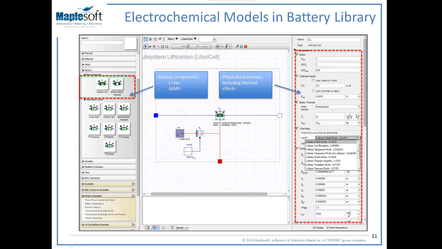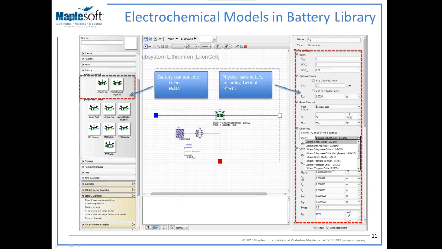If you take a look at the list of parameters on the right hand side of your screen now, you can see that we have a parameter that allows you to define the number of cells that are connected in series in the battery pack. You can also define the minimum and maximum state of charge, which would define the terminate condition for the simulation. You can also define the capacity of the battery in amp hour, internal resistance, and other electrochemical parameters for the battery.